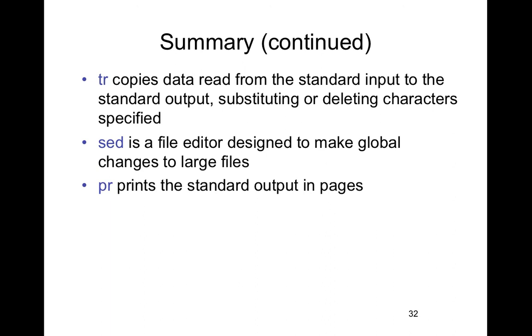TR copies data read from the standard input to the standard output, substituting or deleting characters that are specified, changing characters. SED is a file editor designed to make global changes to large files. Go in and change everything in this file to do something to it. And then PR prints it to standard output.